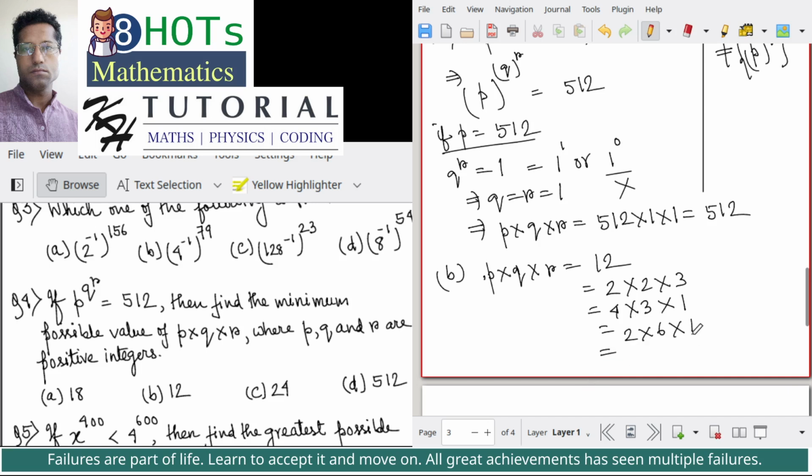Now the factors can be either 2, 2, 3 or 4, 3, 1 or 2, 6, 1, irrespective of which factor is P or which factor is Q or which factor is R, that is whether P is 2, Q is 2 or R is 3, we can change that.